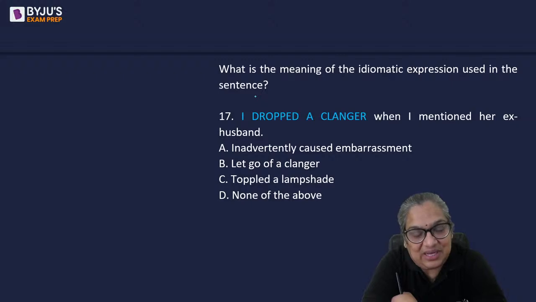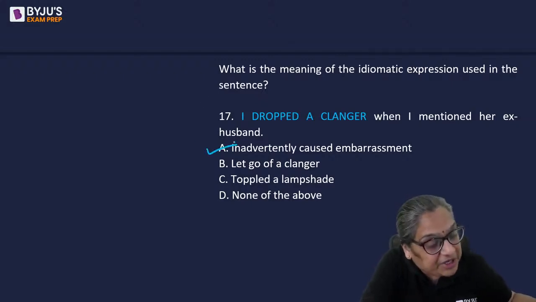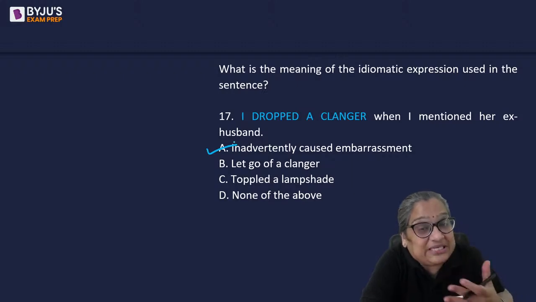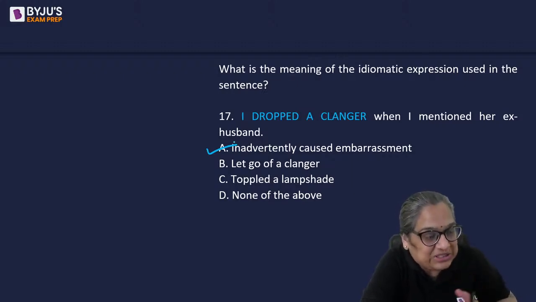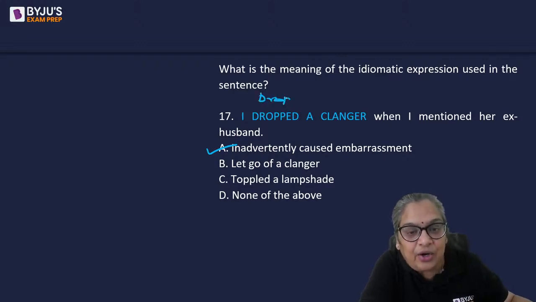What is the other expression for it? For anybody, when you say something stupid or foolish which causes embarrassment, awkwardness, it's called dropped something. The British usage is I dropped a what?